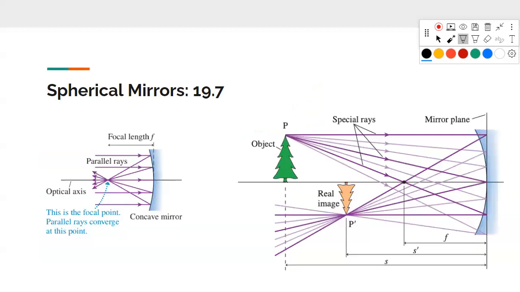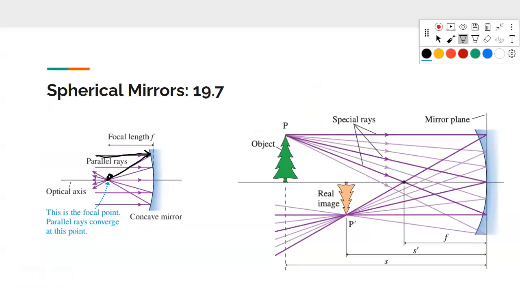And so we can first look at the concave mirror, and you see that if we shine parallel light on a concave mirror, so that's these rays here, they will all bounce off and come together at some focal point. So just like the case of a lens, for a spherical mirror, we have a focal point. It's just that that focal point is on the same side.